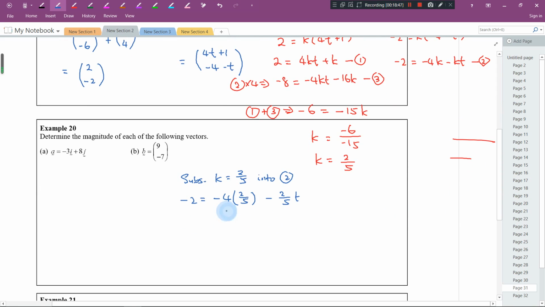Okay, so here you can just press a calculator. You get negative 8 over 5 minus 2 over 5t. Okay, so this whole thing I move over here. Okay, how about I move this one over here? Plus 8 over 5, negative 2 over 5t.